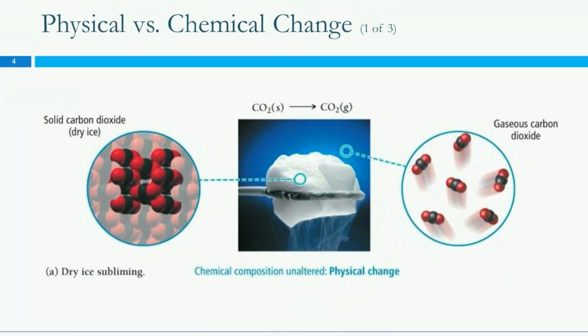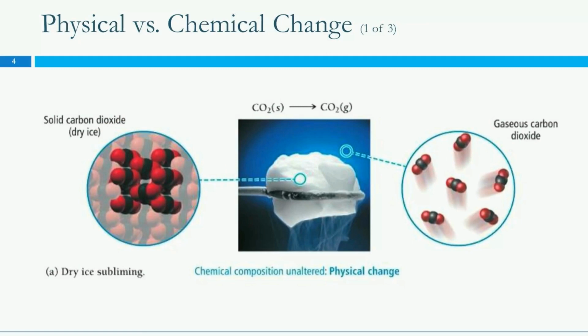So this is an example of a physical change. This is dry ice. Dry ice is fun, as long as you're playing with it safely. Don't touch it because it's cold enough to give you frostbite. Yeah, freeze your skin. But it's carbon dioxide. And so when it's a solid, it's all these carbon dioxide molecules stuck together by intermolecular forces.